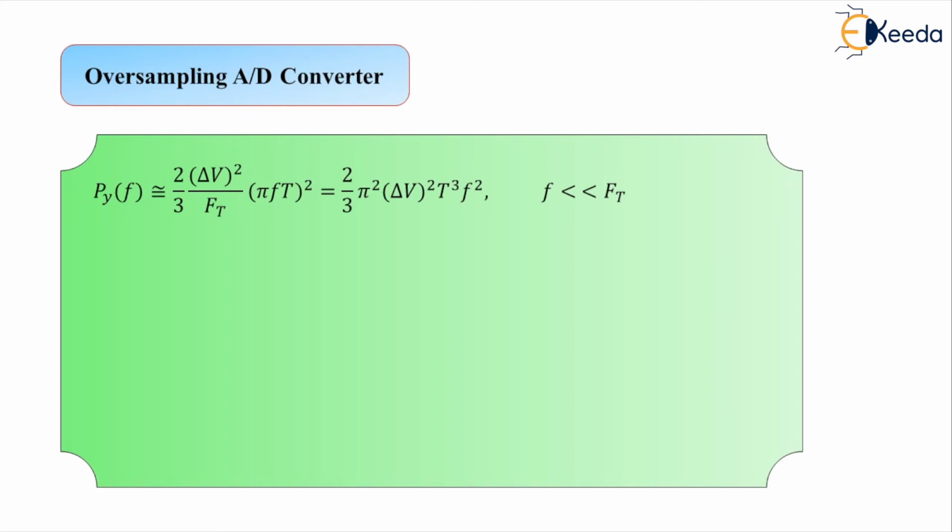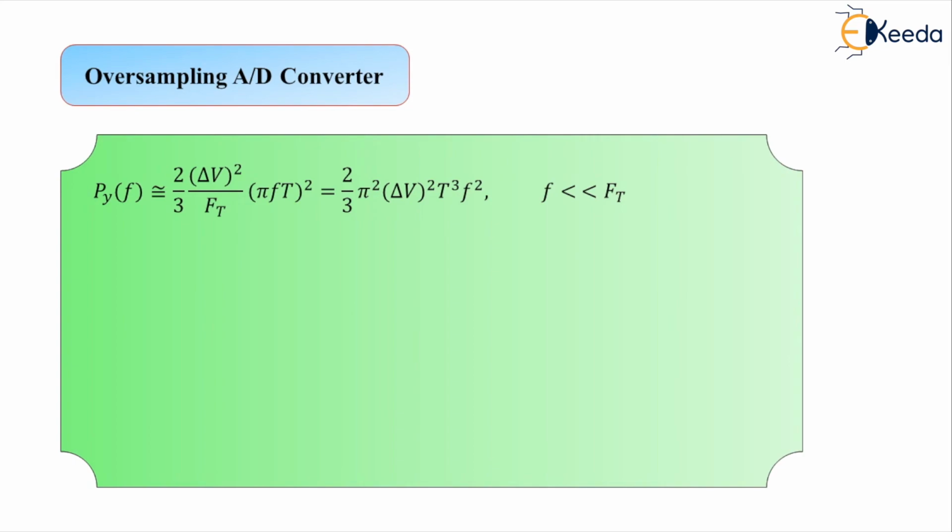This is in multiplication with the square of pi f/ft here. So at last we write it as 2 by 3 times pi square multiplied by the square of delta V into cube of capital T into f square, where f is much smaller than the sampling rate ft here.